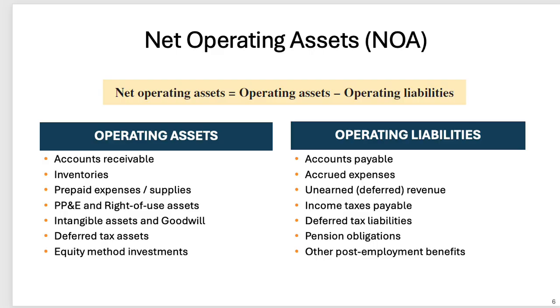But at least some examples of categories of assets on the left, things like accounts receivable, inventories, prepaid expenses and supplies, things that will immediately come from direct operations, and then liabilities which will arise from those operations as well, things like accounts payable, accrued expenses, deferred revenue, etc.